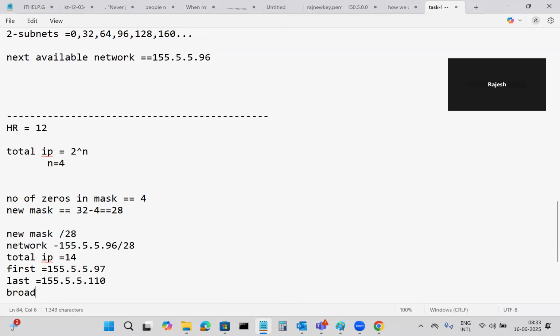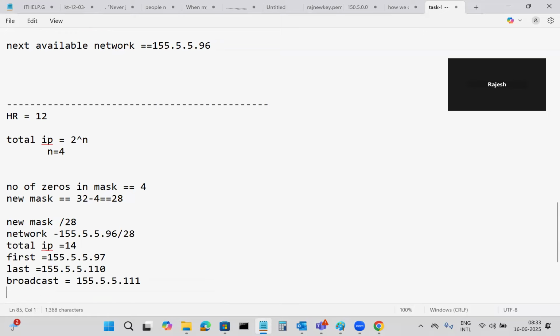And the broadcast IP is the last IP plus one, 155.55.111. Got it? This is the thing for the HR department.